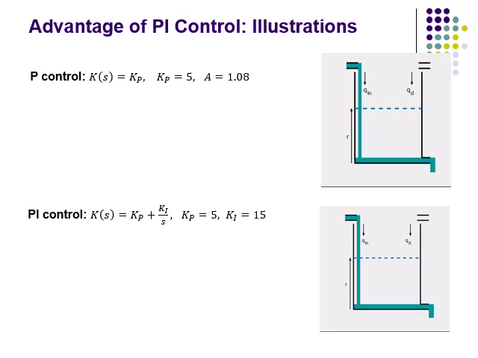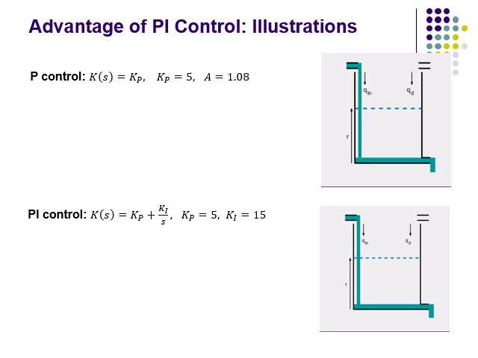In the first case, we pick a value of Kp which is the same as the previous example, so Kp is equal to 5, but now we include the prescaling coefficient, which is set to 1.08.